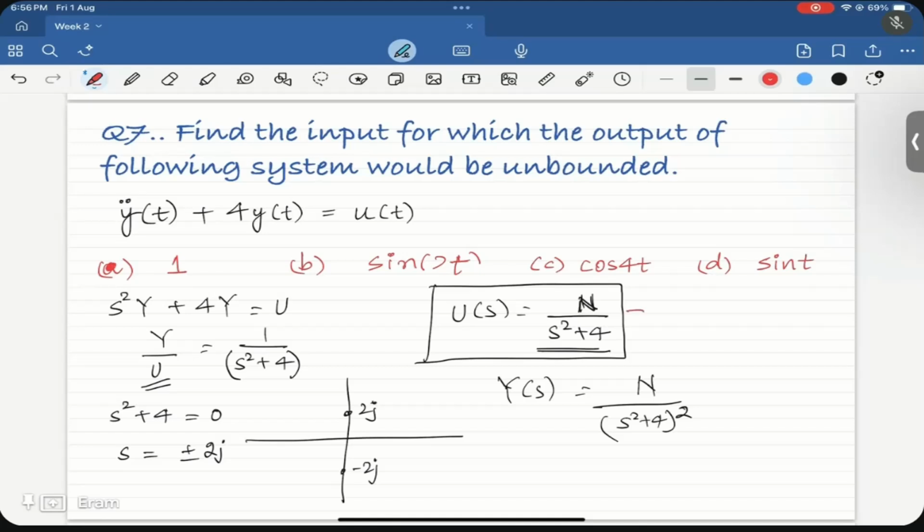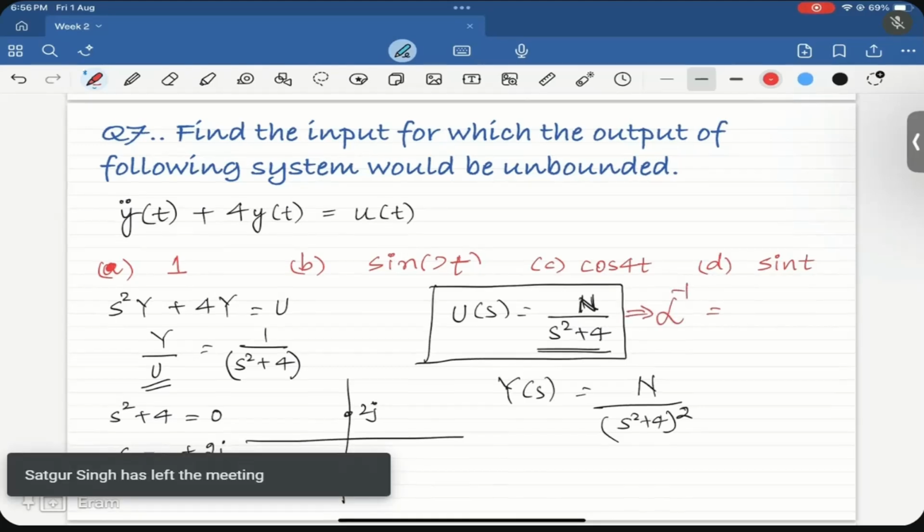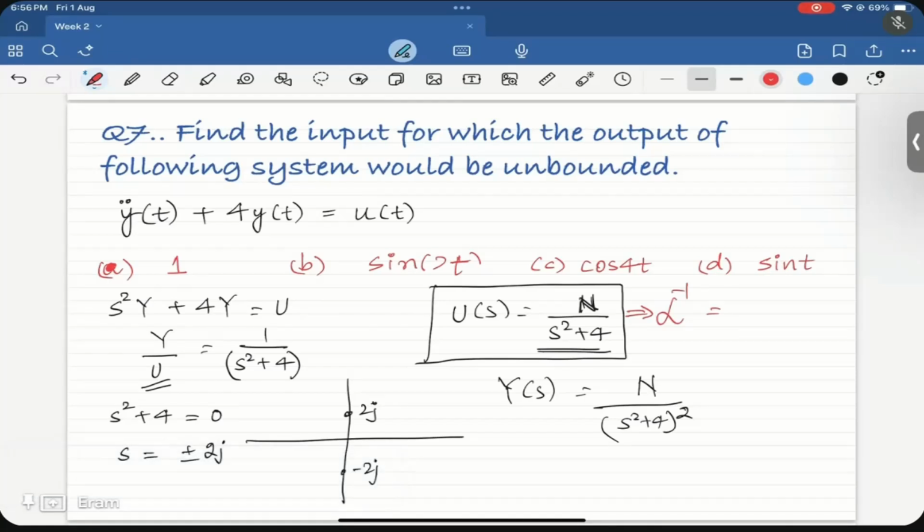Now, can we find the inverse Laplace of this function? If n is, let's suppose, whatever it is, it will have the form of a sine 2t, or it can have the form of a cos 2t, right?